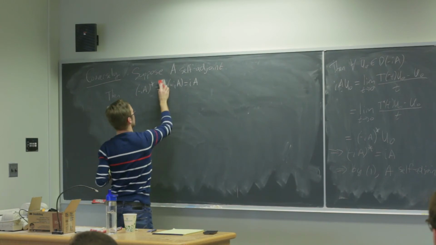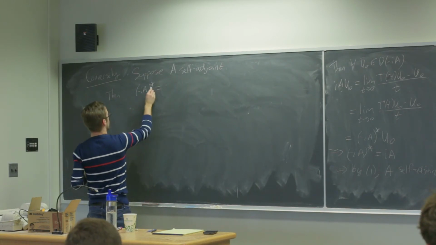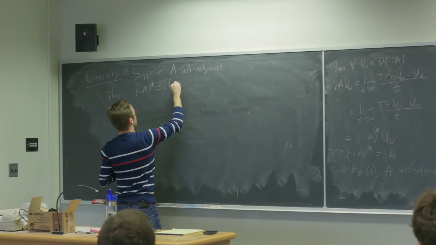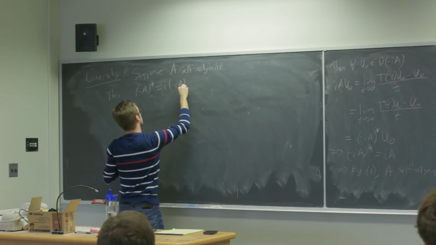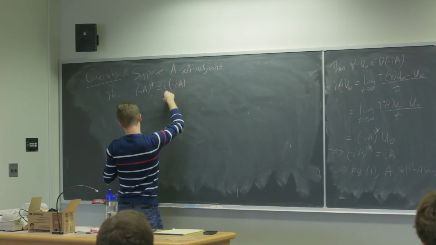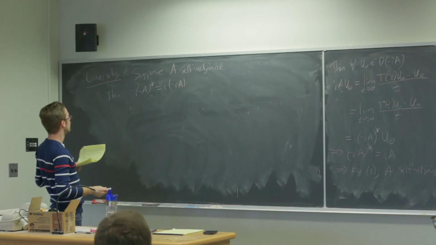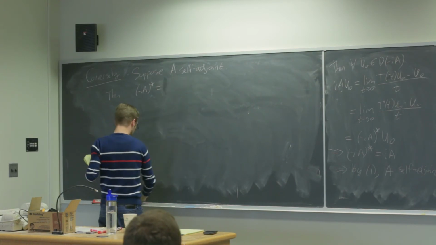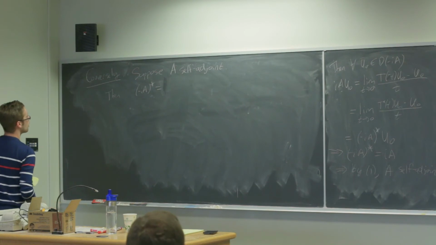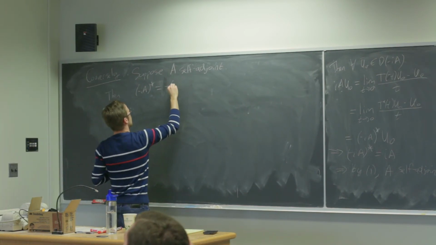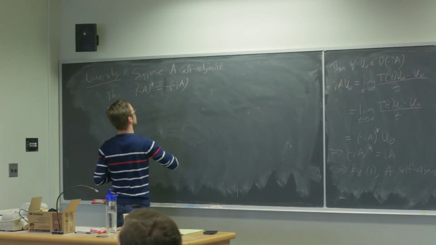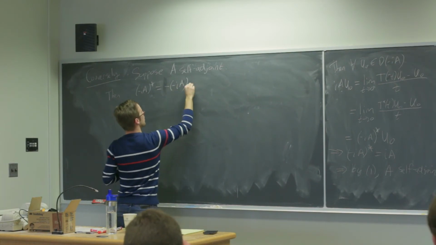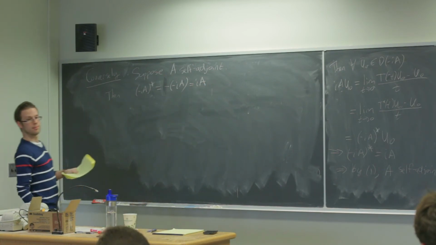Well, if you want, pushing the star across the i first gives me i times minus iA, which gives me, wait a minute. This gives me plus, hold on. (Minus iA)* is going to give me minus iA. This is actually star, but A is self-adjoint. Minus minus gives me plus, so this should be plus iA. Sorry.